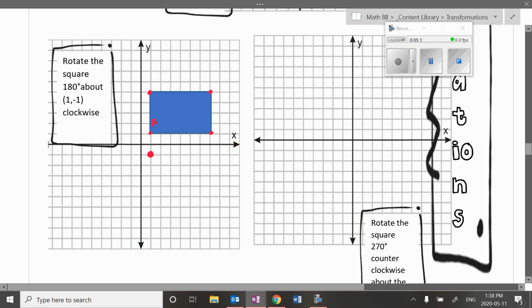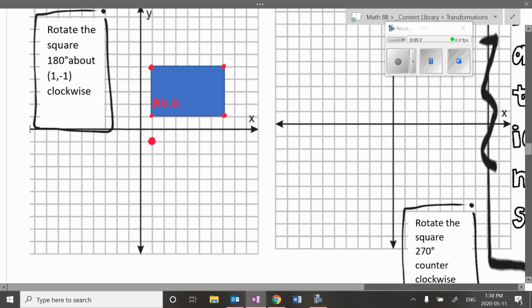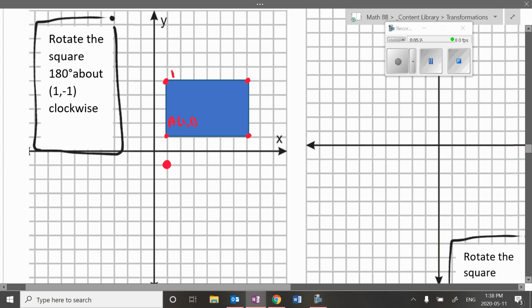So I have A is at 1 and 1, B is 1 to the right and 5 up. C is 7 to the right and 5 up. D is also 7 to the right and 1 up.